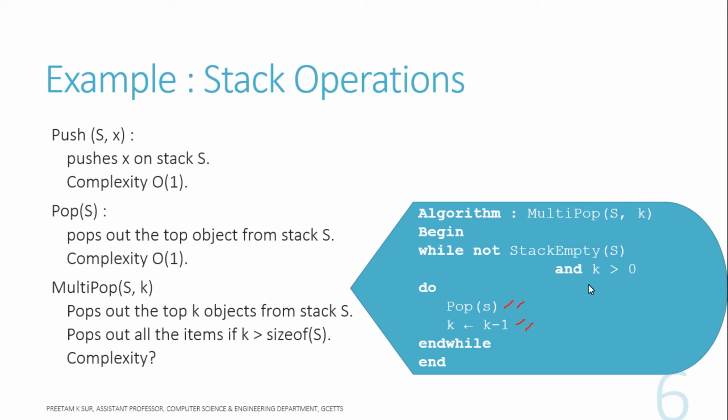In that case, the while loop is going to be executed the maximum number of times, which is basically the capacity of the stack, right? So if the stack can contain a maximum of n elements, then we can tell that the complexity of the multipop operation in the worst case is order of n, right?